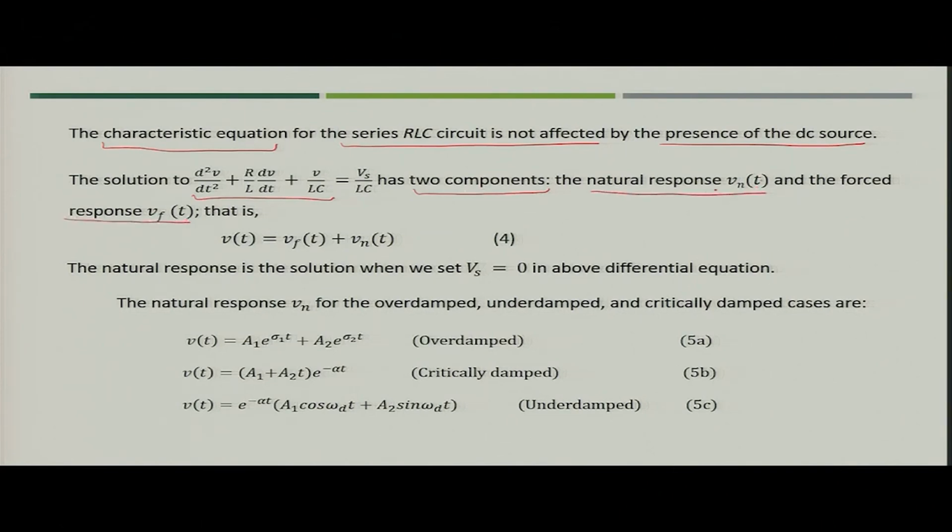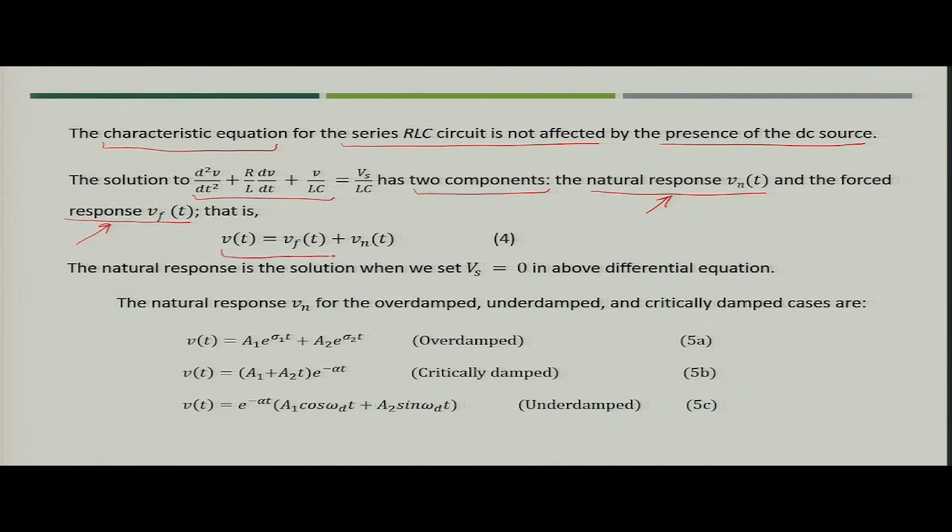This will be similar to what we discussed in case of series RL or series RC circuits, when we apply the step input to those circuits. Similarly here also we can divide the total response of the circuit in two parts, one is natural response and other is forced response.